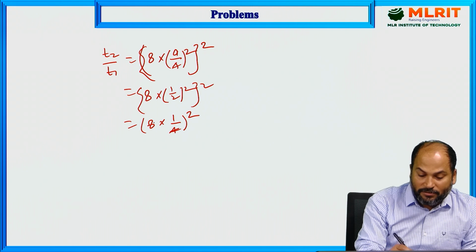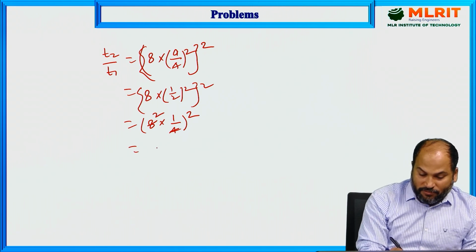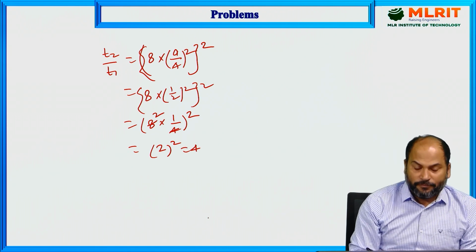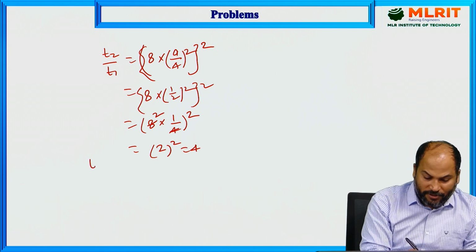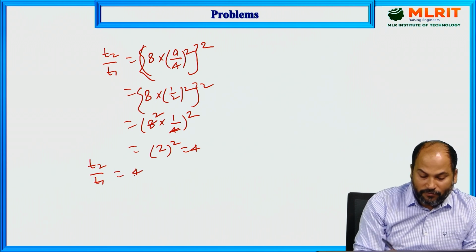So this is 8 into 1 upon 4, which is 2, and then the square of 2 is 4. So the ratio T2 upon T1 is equal to 4.